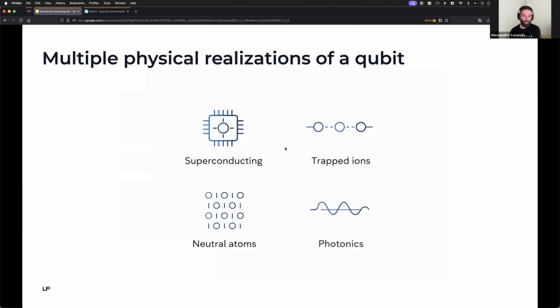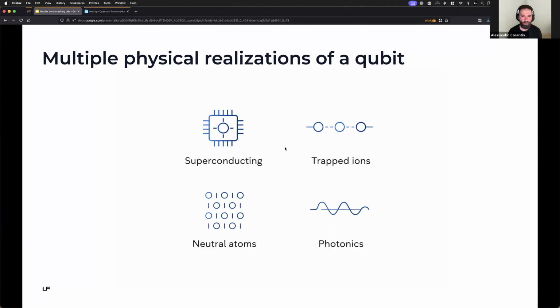To make things much more complicated, the QPU that you saw at the bottom right corner of that diagram, which was at the bottom of the stack of the computer, can be realized in different ways. In fact, the qubit, which is the smallest unit of information in quantum, can be realized in different physical ways.